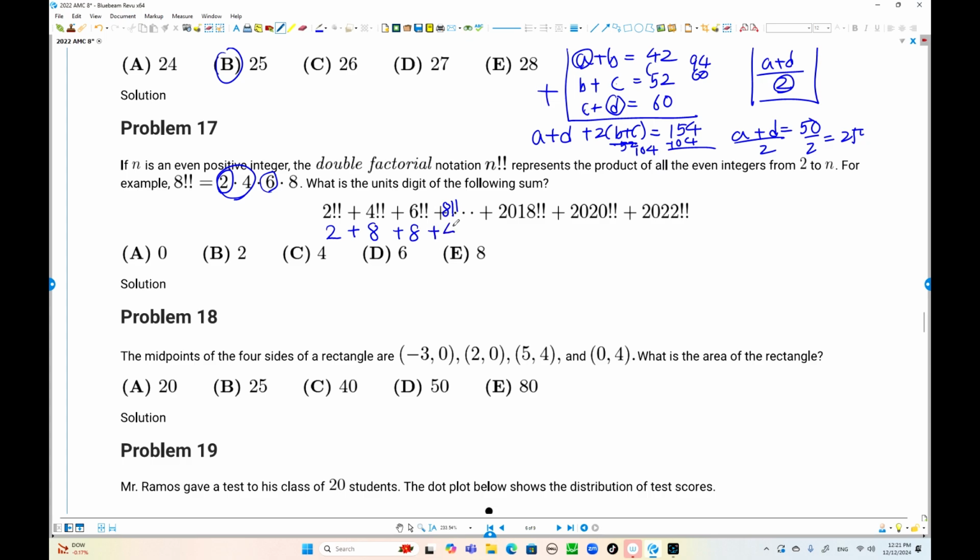The last digit is 4. The next is 10 double factorial. 10 double factorial is already a multiple of 10. The last digit is always 0, right? So from here all the way, the last digit is 0. So when you add all these numbers, the unit digit total is 22, right? So we need to find the last digit. B is the answer, okay?